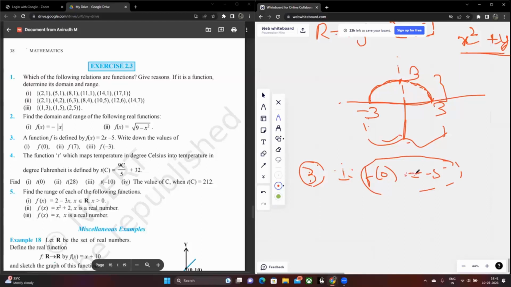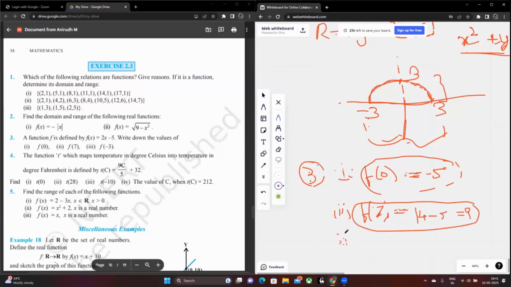It's equal to -5. And then number 2, you have f of 7. F of 7 is basically 2 into 7, that's 14 minus 5, that is 9.